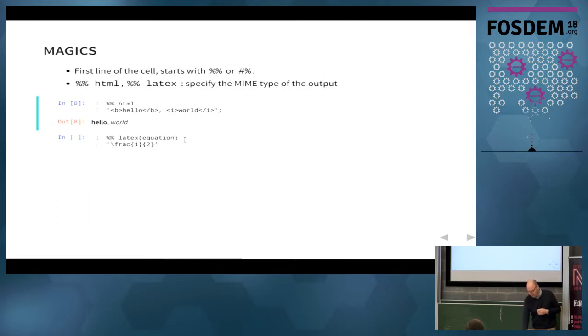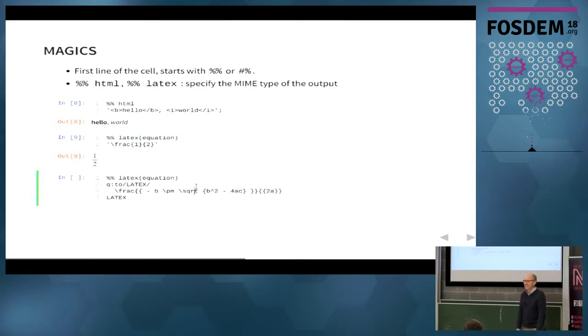So in this example, I'm producing a LaTeX fraction with 1 in the numerator and 2 in the denominator, and I'm wrapping it in a LaTeX equation block, and that gives me a half. This one, any LaTeX people can tell what this is going to be before I run it? Quadratic equation, yes. OK, so you can get as complicated as you need to with your LaTeX.